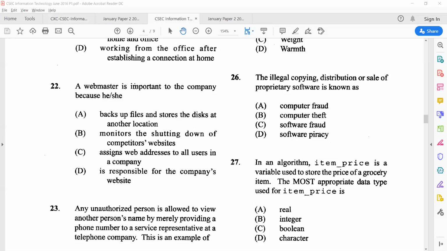All right, computer fraud, or fraud, is when you're attempting to be a legitimate operation. Fraud would be used more in terms of websites.